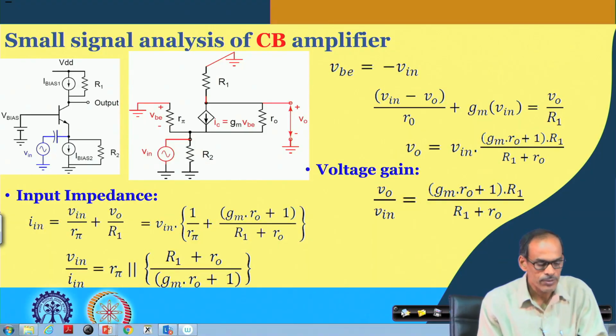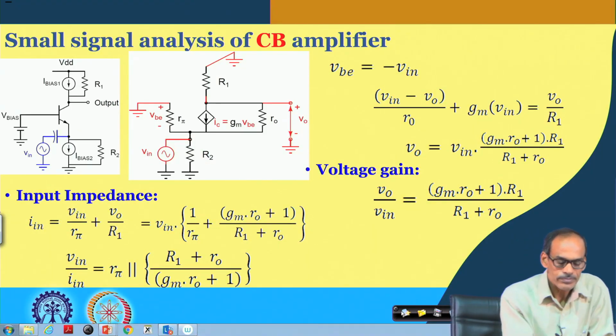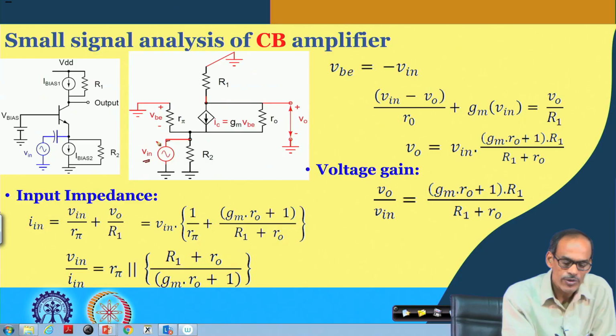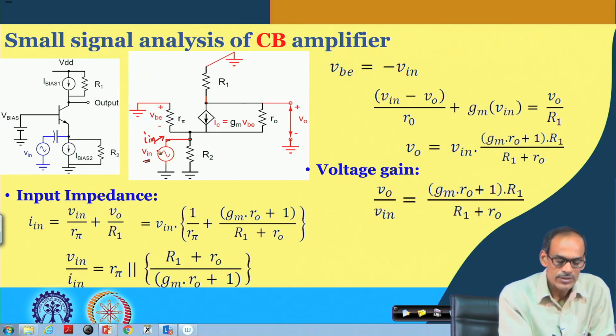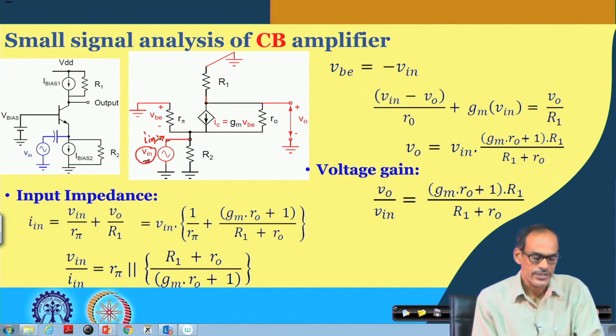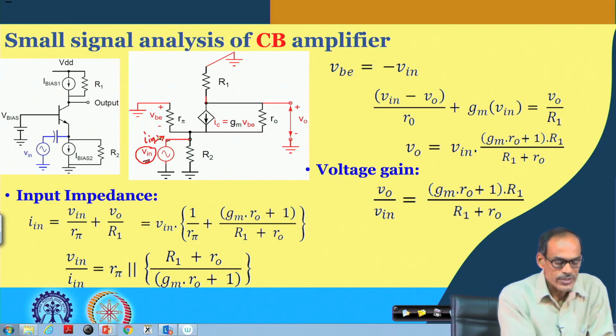Okay. So, to get the input impedance, if I stimulate the circuit by say V in, and observe the corresponding current, say I in, and then take the ratio of V in divided by I in, that will give us the input resistance. For a given stimulus of V in, I in has three components.